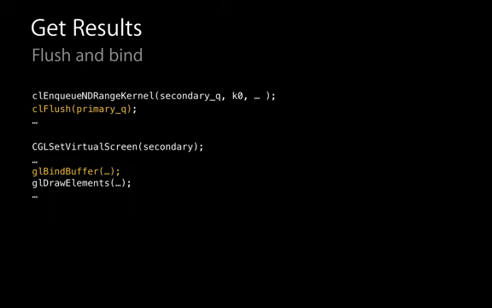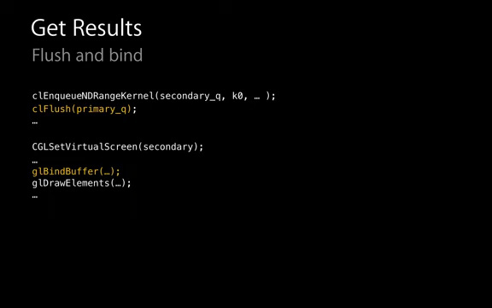In the single instance we looked at before, with just one OpenGL context, we could flush and then immediately use the objects on the other device. In an instance where there are either two OpenGL contexts, or an OpenGL context and an OpenCL context, we have to use flush and bind. We have to flush like we did before, but then we have to rebind those objects once we switch to the other device.